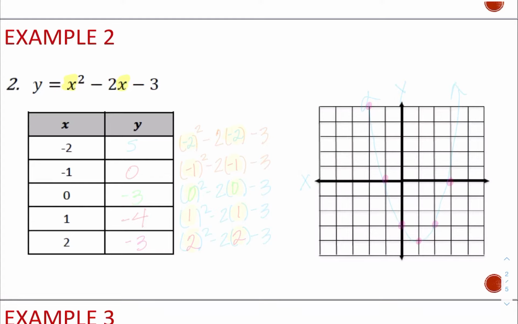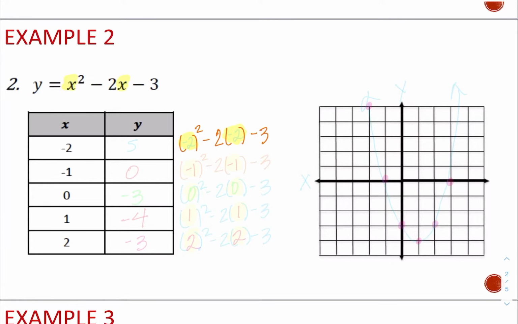Let's look at what will happen with negative 2. All right, so we have y equals, instead of x, I'm going to put some parentheses, squared, minus 2, and instead of x, I'm going to put parentheses again, minus 3. And then I'm going to highlight the parentheses so you guys can see where I was coming from.